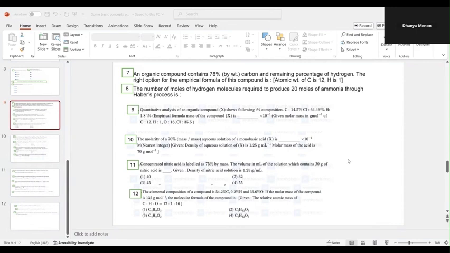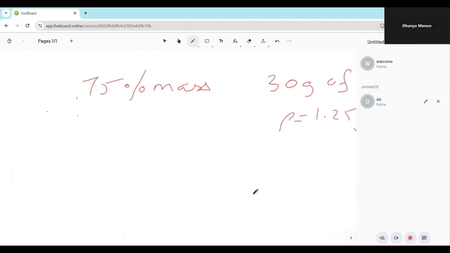So these are the information that's given, and you need to find the volume of the solution that contains 30 grams of the solute.